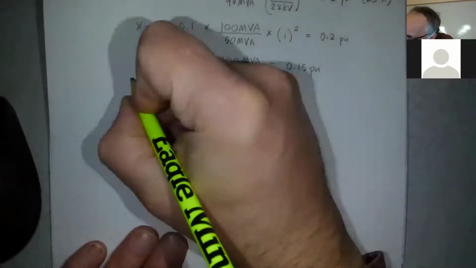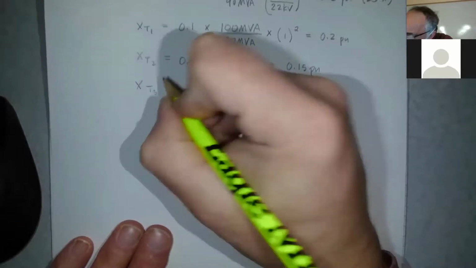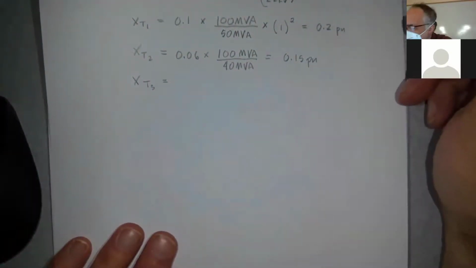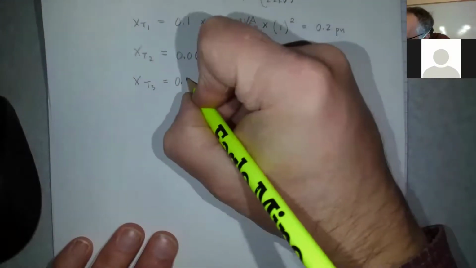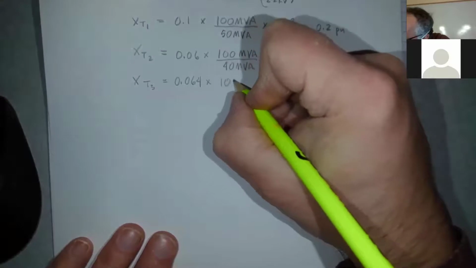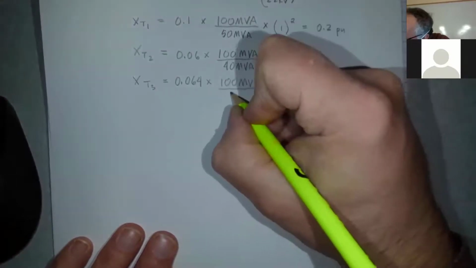per unit. XT3. What's that guy equal to? 0.064 times 100 MVA over 40 MVA, right?